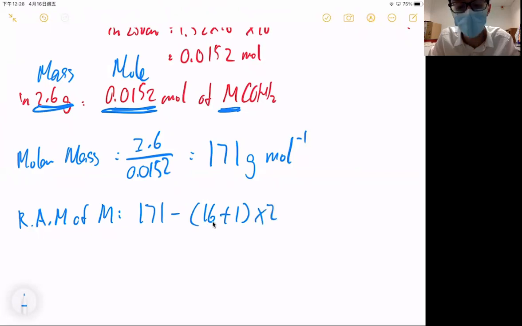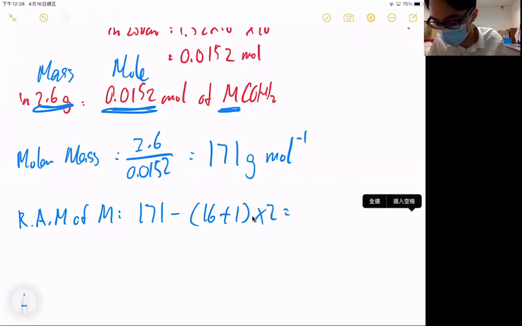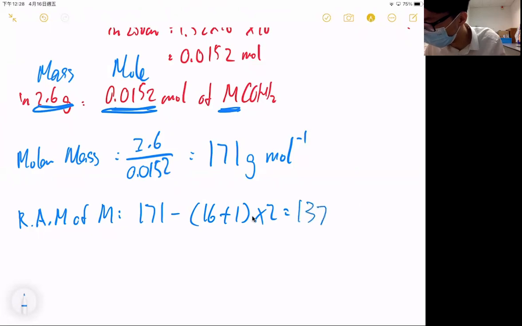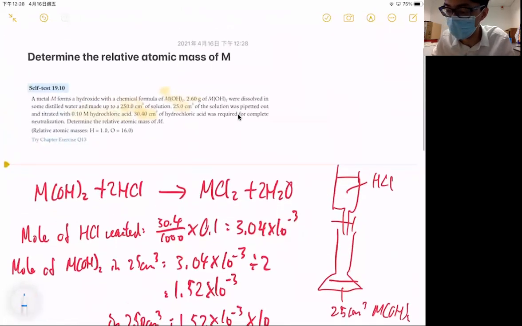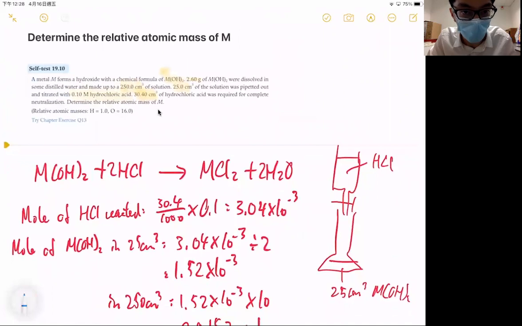That is the molar mass of hydroxide. And we have 2 hydroxides, so we times 2. And finally, M will be 137 gram per mole. So that's the calculation of the relative atomic mass of a metal based on the titration result.